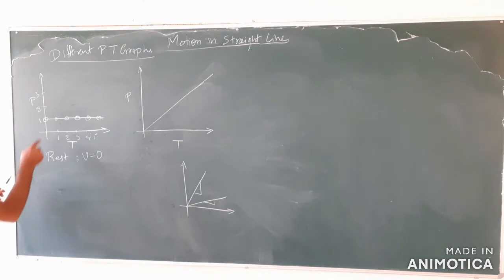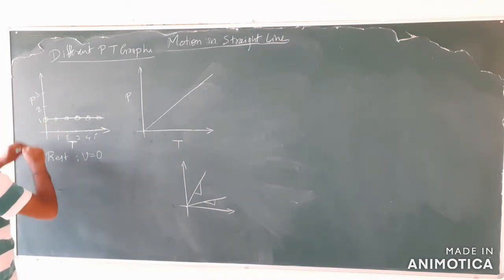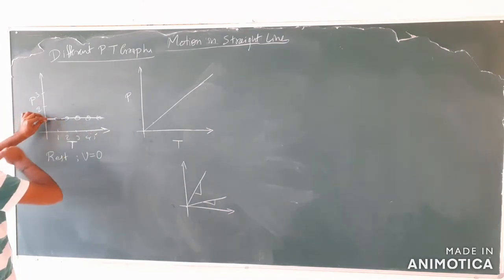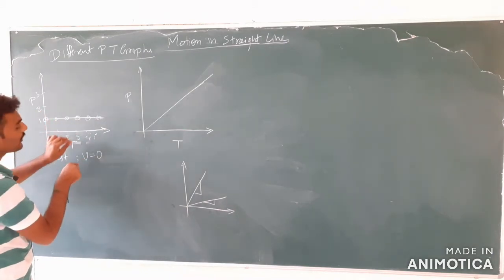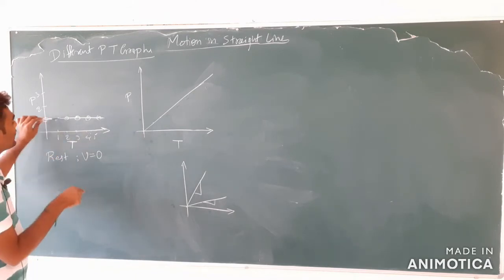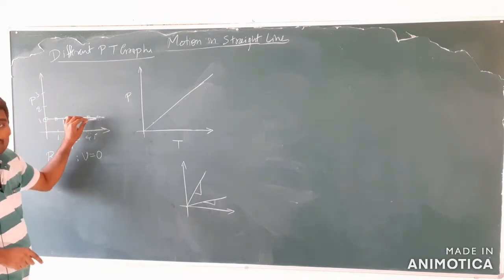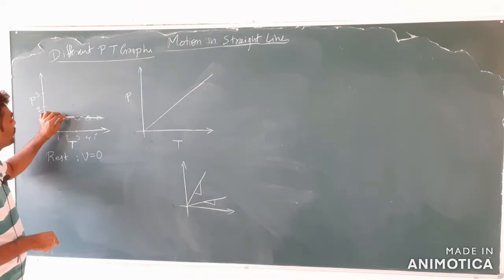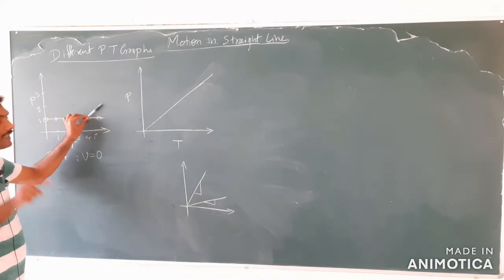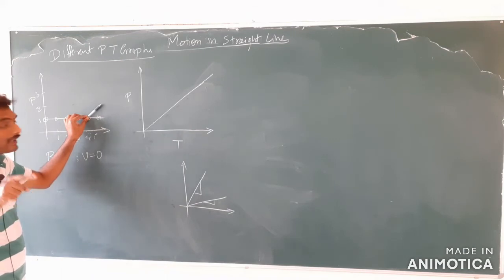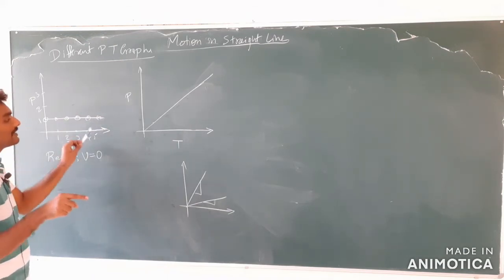What about the slope for this graph? Slope for this graph is 0. When the graph is parallel to the x-axis, at every point it is parallel to the x-axis, and hence the velocity is 0 at every point that we choose. 0, 0, 0, 0. If I get a slope like this, then it is not 0. Then velocity is not 0.